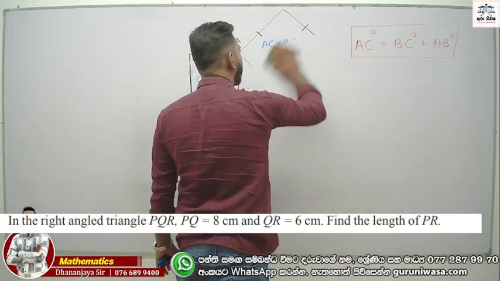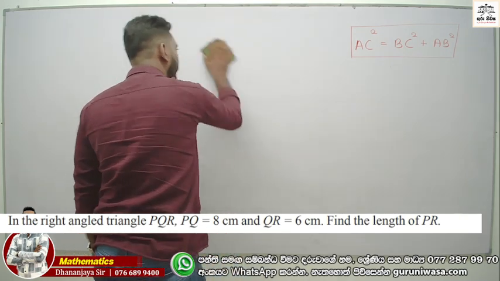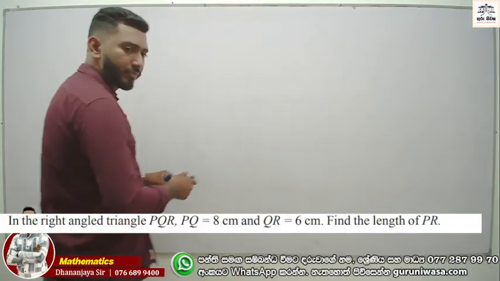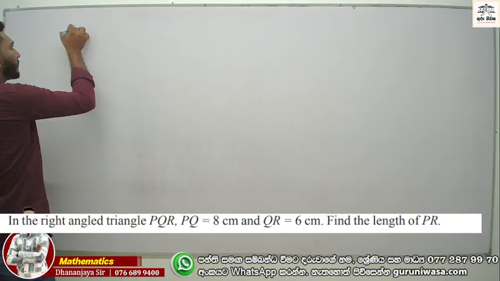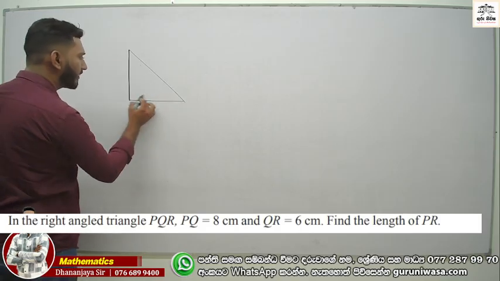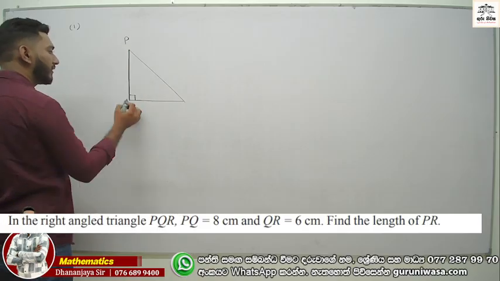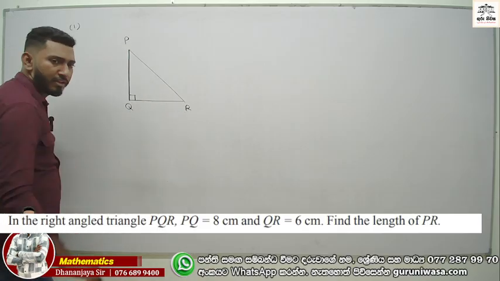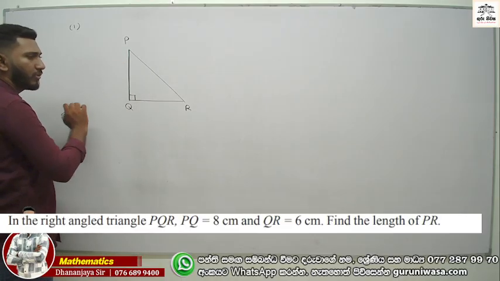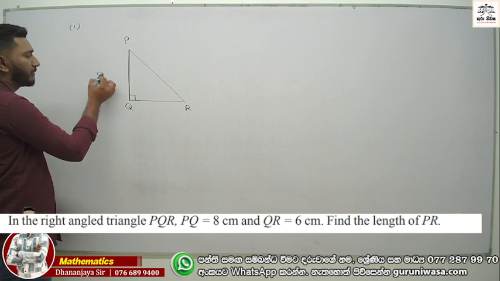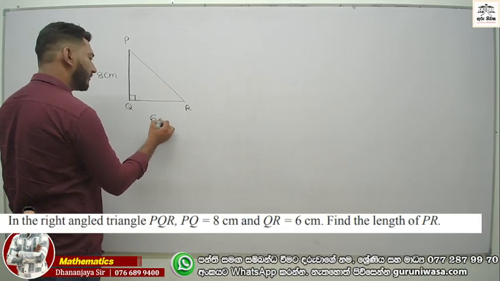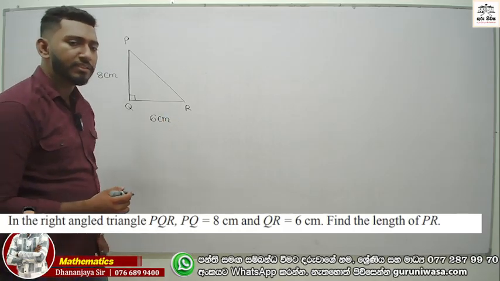I'm going to firstly draw the right angle triangle and name it PQR. In triangle PQR, which is a right angle triangle, PQ is equal to 8 centimeters, and QR is equal to 6 centimeters. Find the length of PR.